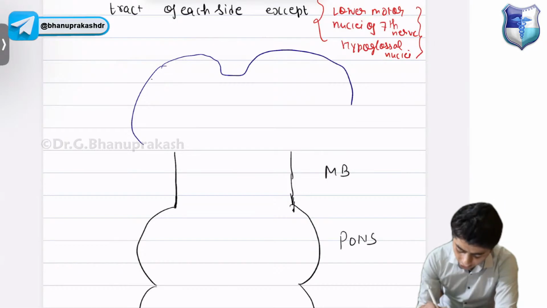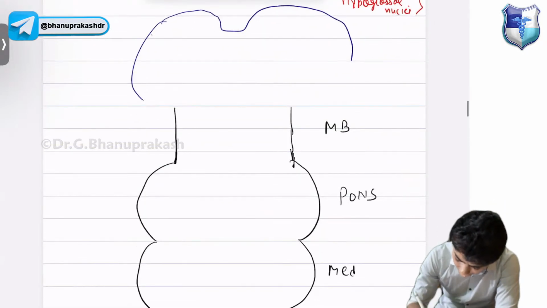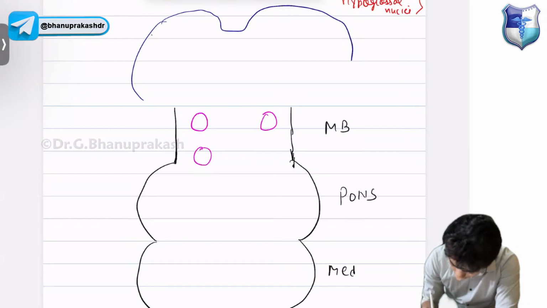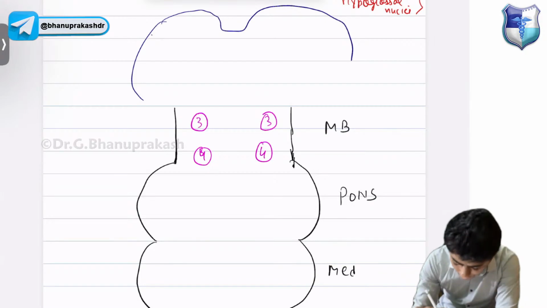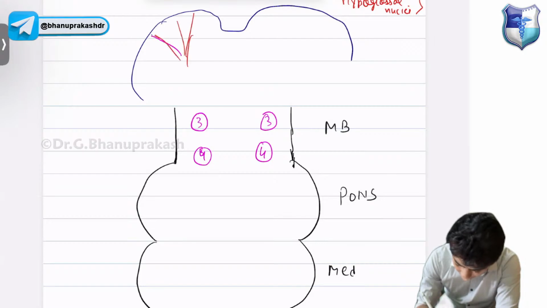Done. Now, see, this is your midbrain. Here are the third and fourth nuclei. Third nerve nuclei. This is your fourth nerve nuclei. Now, if from here your corticobulbar tract is coming, and from here another corticobulbar tract is coming.